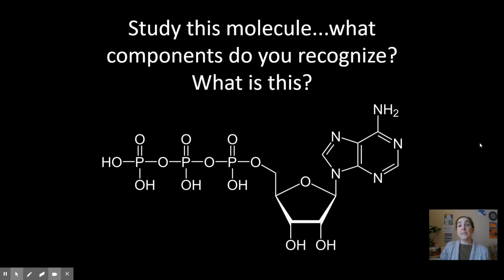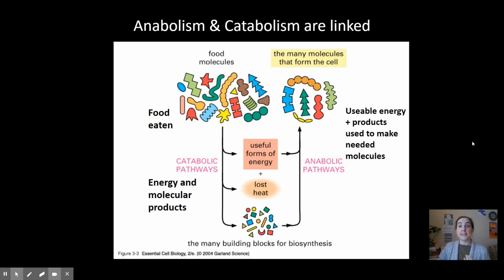This is actually a molecule of ATP, which is something that I know you've heard of and is really important in linking together catabolic and anabolic reactions in living things. So this picture shows how these all go together. So we take in molecules through our food and break them down as we digest food.